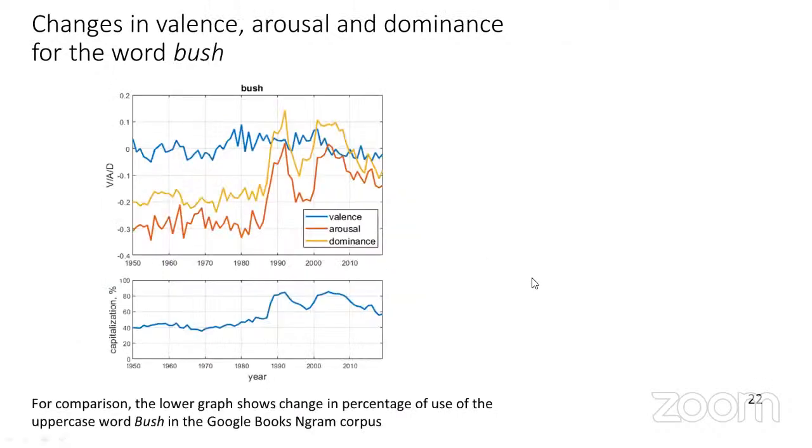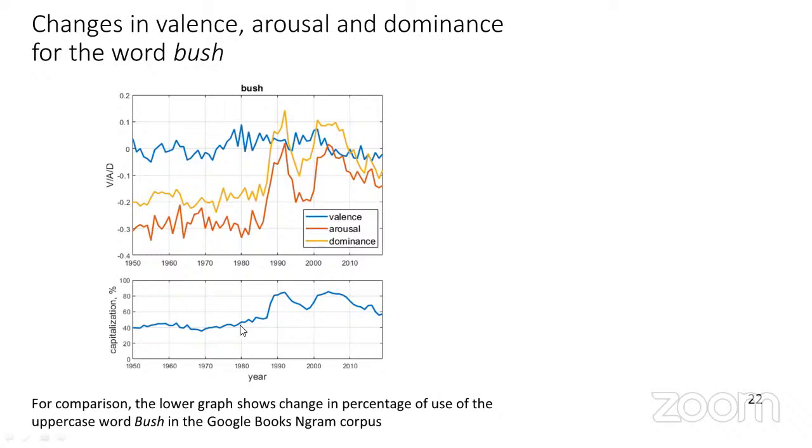If we look at the word bush, we see two peaks in arousal and dominance ratings, probably because there are two meanings of the word bush. One of them is just the common word bush. The second one is the American president, two American presidents, the George Bushes, and there were two periods when they were in the political arena.